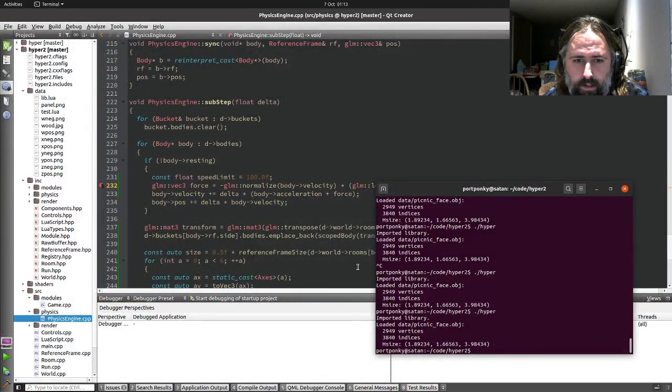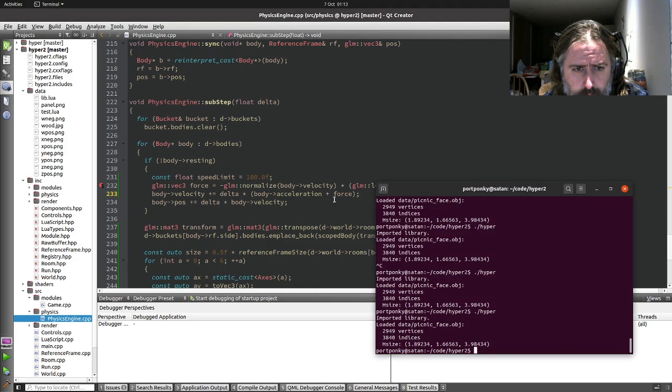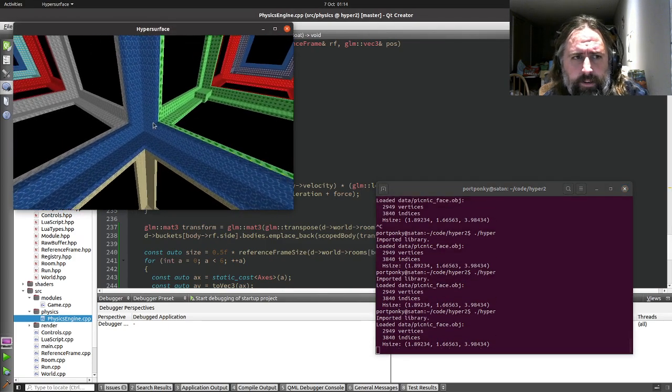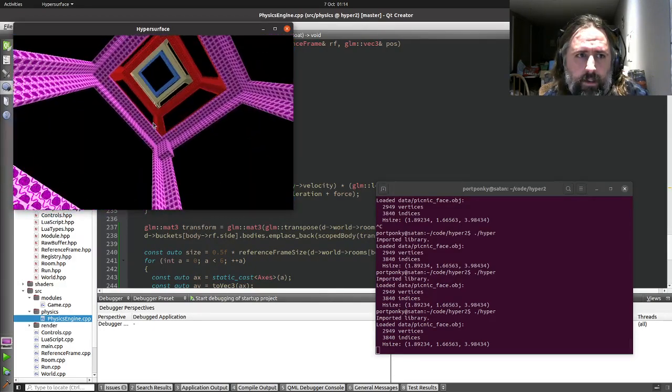Now I've broke it. Where did it go? How is that broken? Is a force that if that's 0, who cares? Length can easily be 0 divided by speed limit. Okay, 0 divided by 100. It's not a divided by 0 problem. But I do seem to have killed my picnic tables.